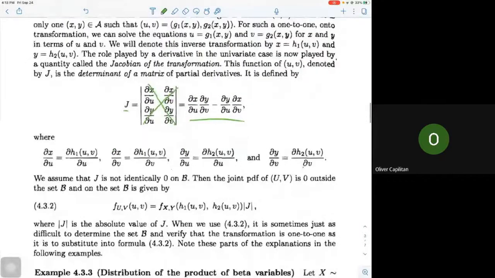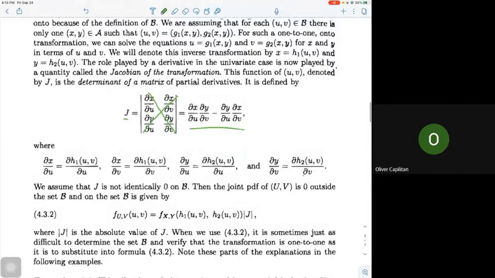Since we know that x is a function, we denote it as h sub 1 of uv, and y we denote as a function of uv also, h sub 2 of uv. Hence we can find these partial derivatives.